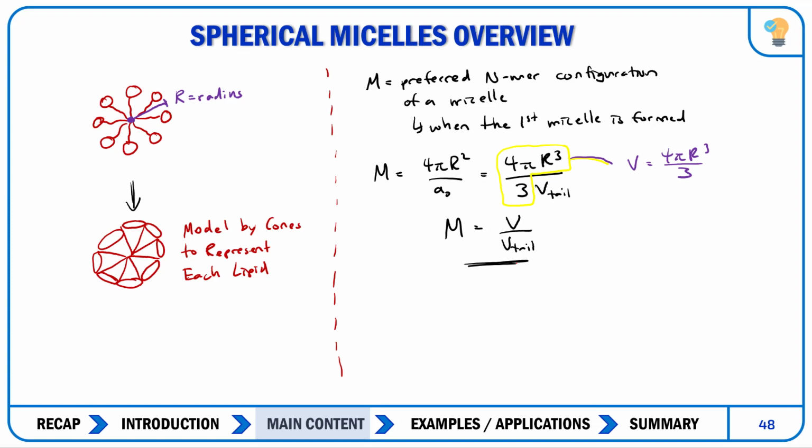But then if you wanted to determine the value of R, you would have R is equal to 3 times V tail divided by A naught. And that should be usually less than L max.